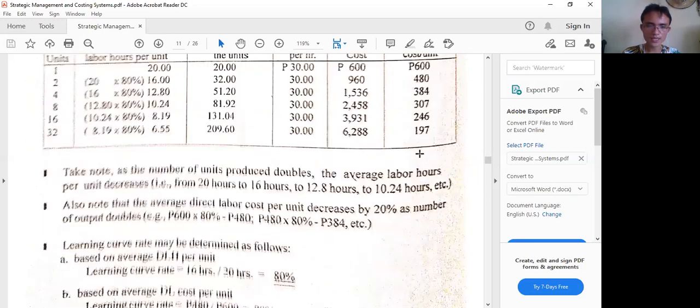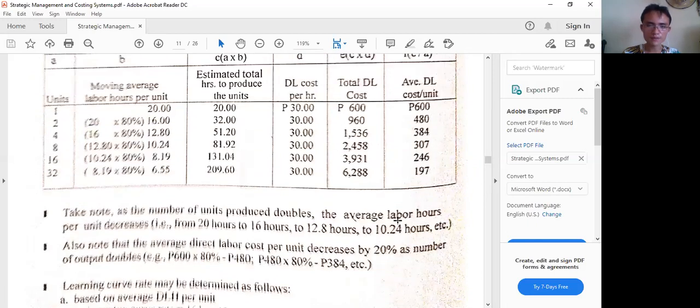So we can realize here that as the number of units produced doubles, the average labor hours per unit decreases. You can see it here. It doubles and then this decreases, right? Take note that the average labor hours per unit decreased.